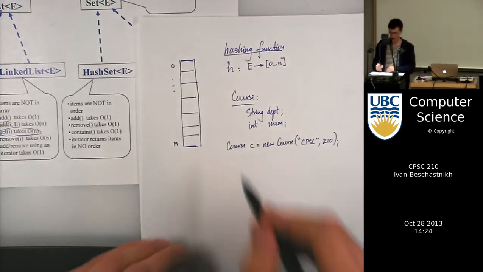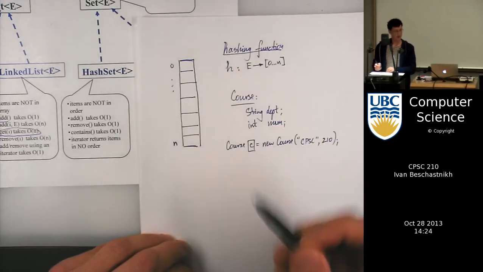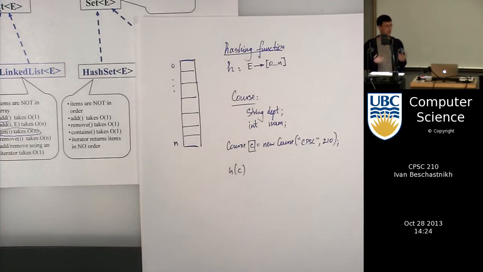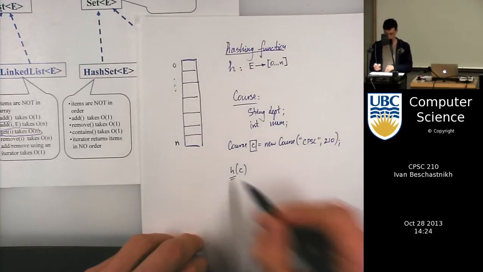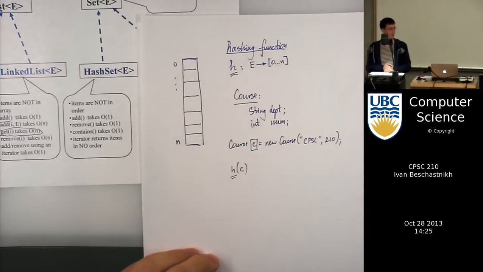So this might be an object, and if I want to store it into a hash set, I need to take h of c, and I need to get back an index. That's going to allow me to index into this array. So what hashing function do I use here? It sort of depends on the properties of the data. So the hashCode function that we would define in Java land is exactly this hashing function.